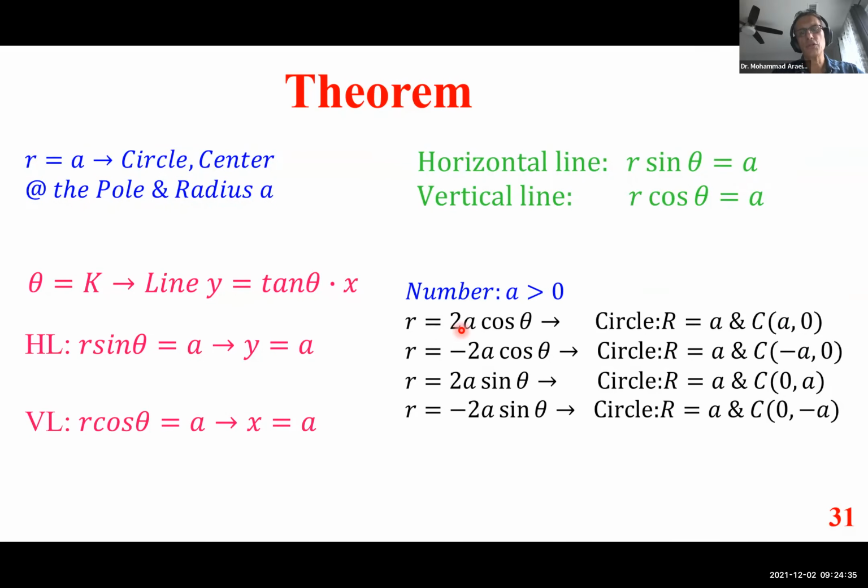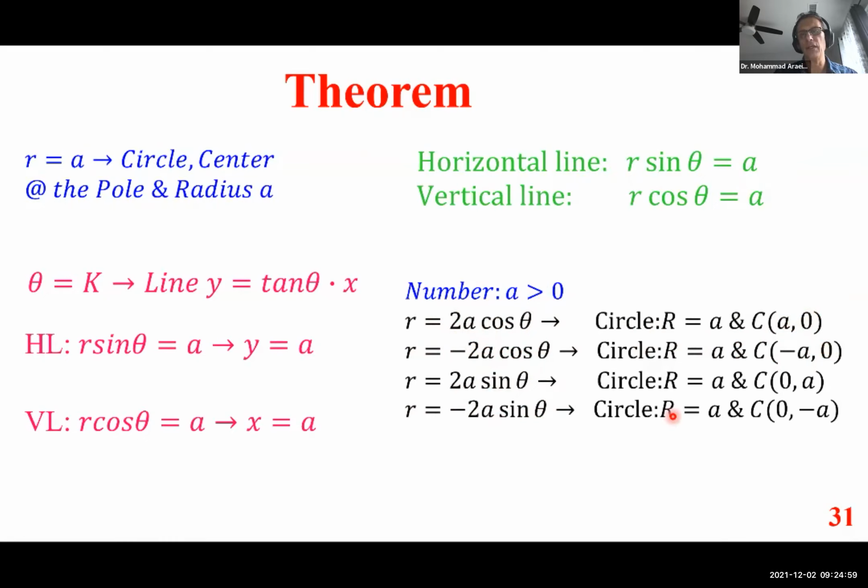If we have r equals 2a cosine theta, or -2a cosine theta, or 2a sine theta, or -2a sine theta, all of them are circles. And by the way, we are assuming a is positive. When we are dealing with cosine, the center is either (a, 0) or (-a, 0), so it goes along the x-axis.